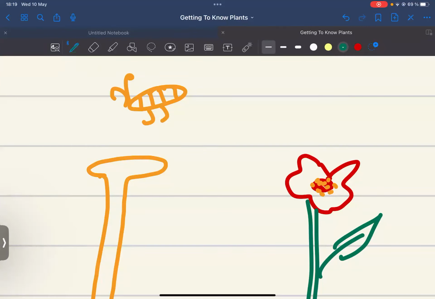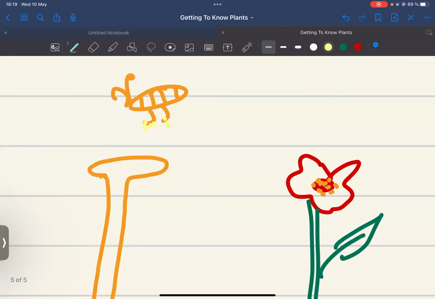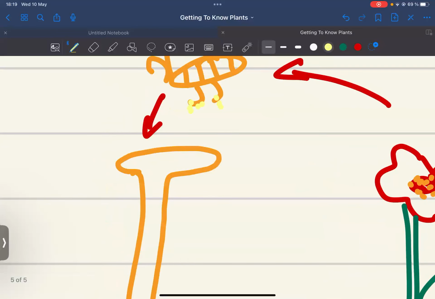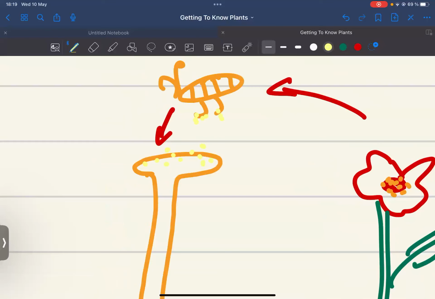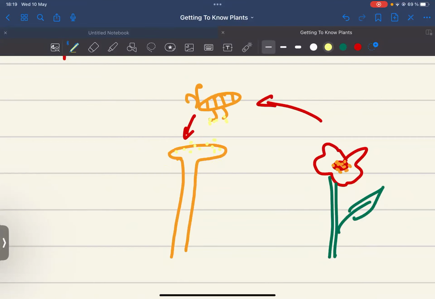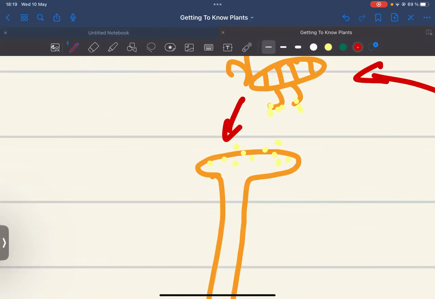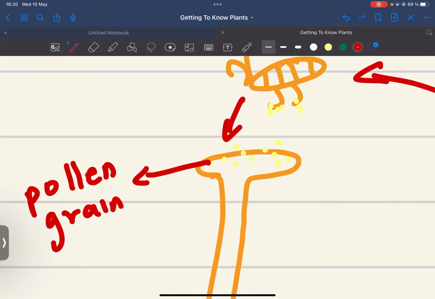So these powdery substances stick on the legs of these bees, and when they land on the anther, this top is the anther, remember that, they leave these eggs, or the term is pollen grains. These are pollen grains.